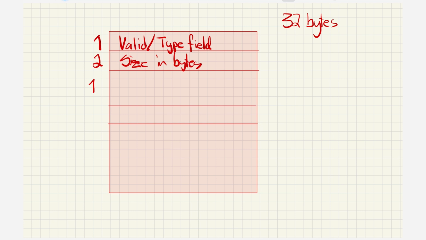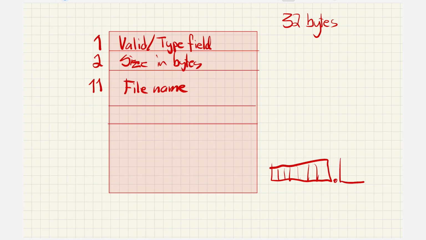Then comes an 11 byte field, which can be a directory name as well. And the file name will be organized in 8 for the first part, and then an extension of 3.